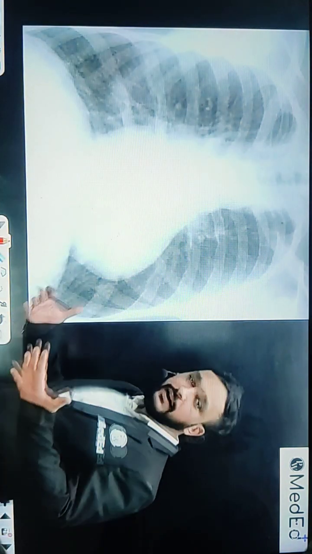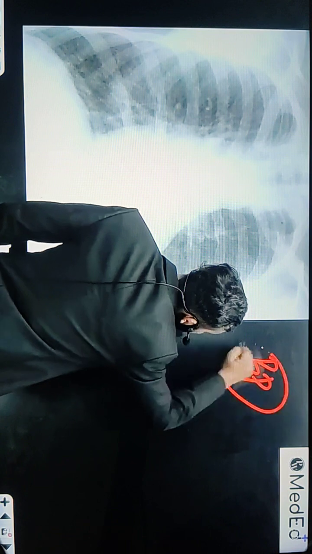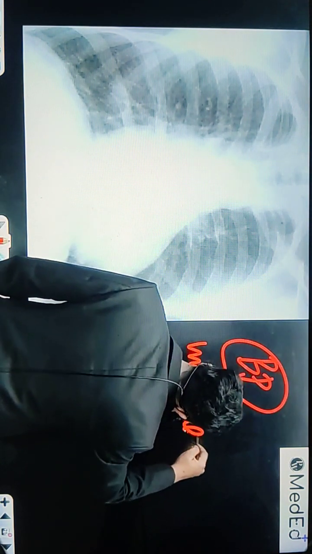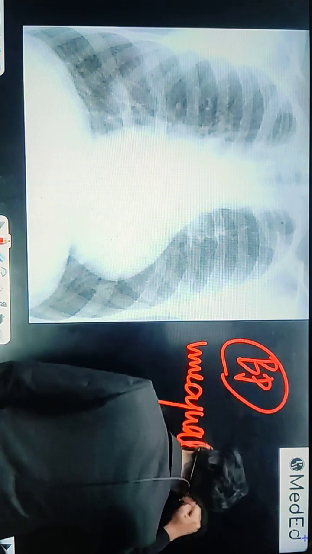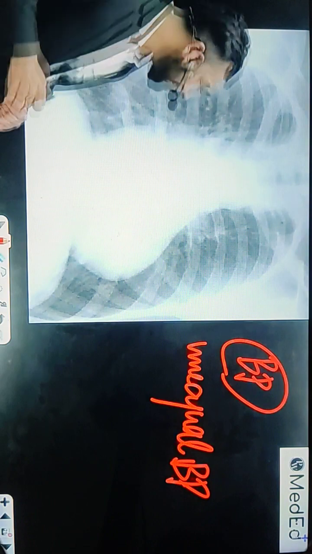So this patient has a history of weakness of the limbs, cramping sensation in the limbs. When you are measuring the BP of these patients, there is unequal BP in the right and the left arm, or upper limb and the lower limb, right?